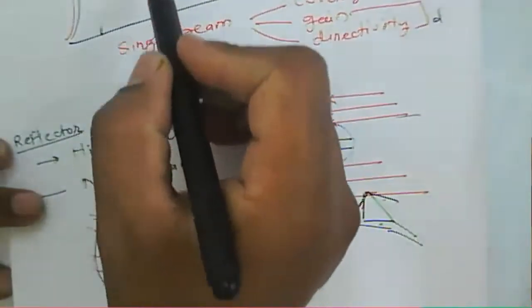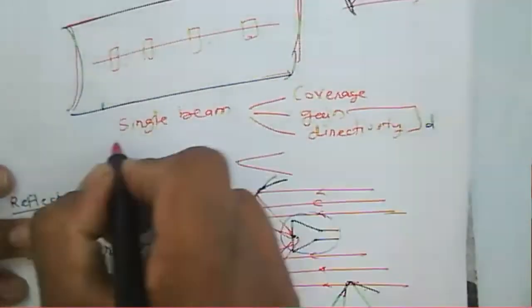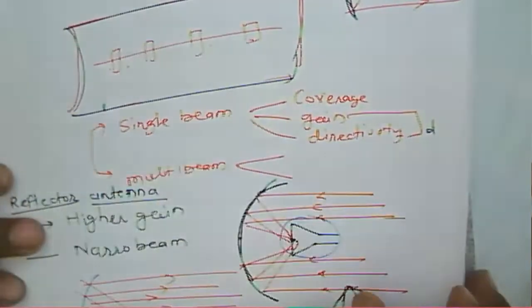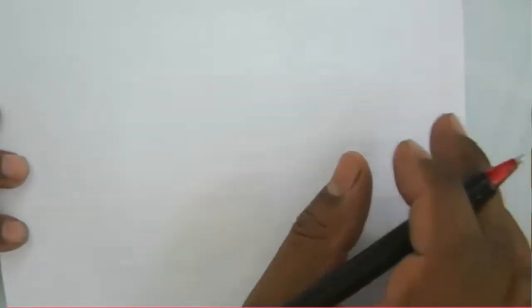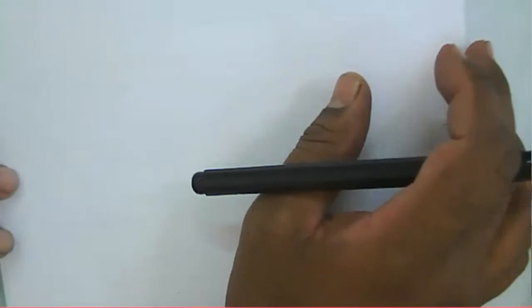How we design the structure depends on our output, whether we are interested in a single beam or multiple beams. According to that, various types of structures can be designed, whether a circular shape or a different shape.